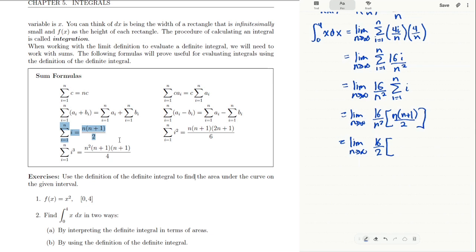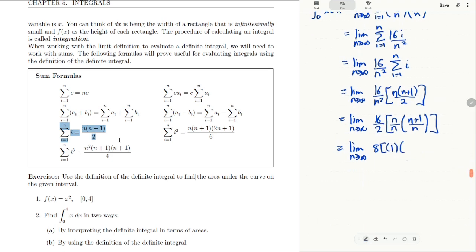So we're going to write this as n times n, and we'll place each factor of n underneath the factors in the numerator. So that gives us n over n times n plus 1 divided by n. So this can be simplified to the limit as n goes to infinity of 8 times 1 times 1 plus 1 over n.